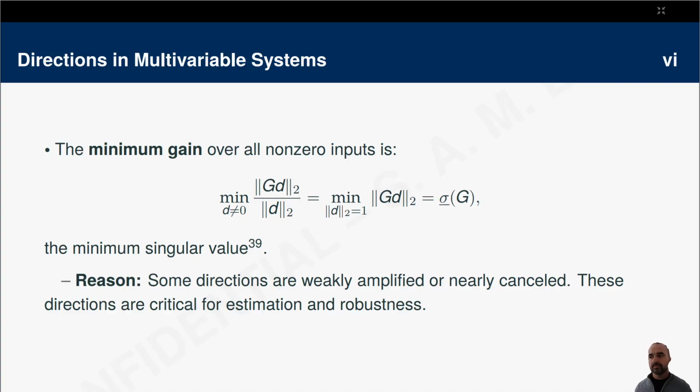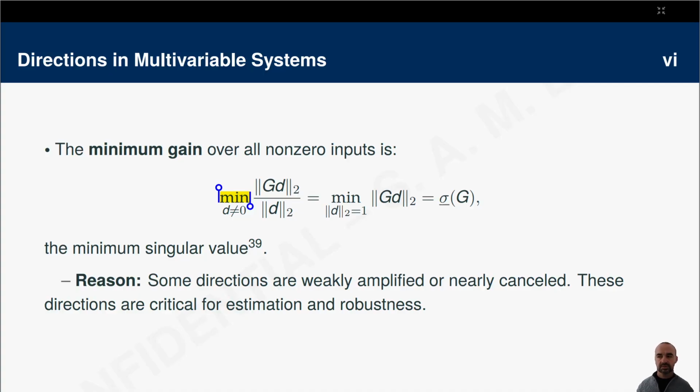So the minimum of the norm of Gd over the norm of d, for d non-zero, equals the minimum of the norm of Gd when the norm of d equals 1, and we call this sigma underscore G. This is the minimum singular value. So we have the maximum singular value and the minimum singular value, and some directions.